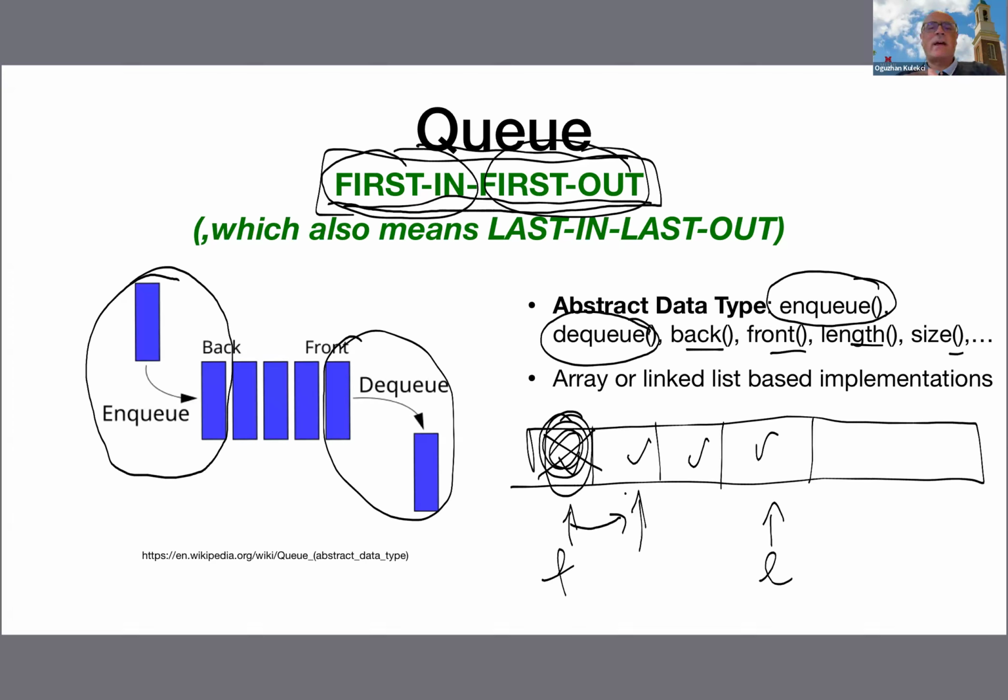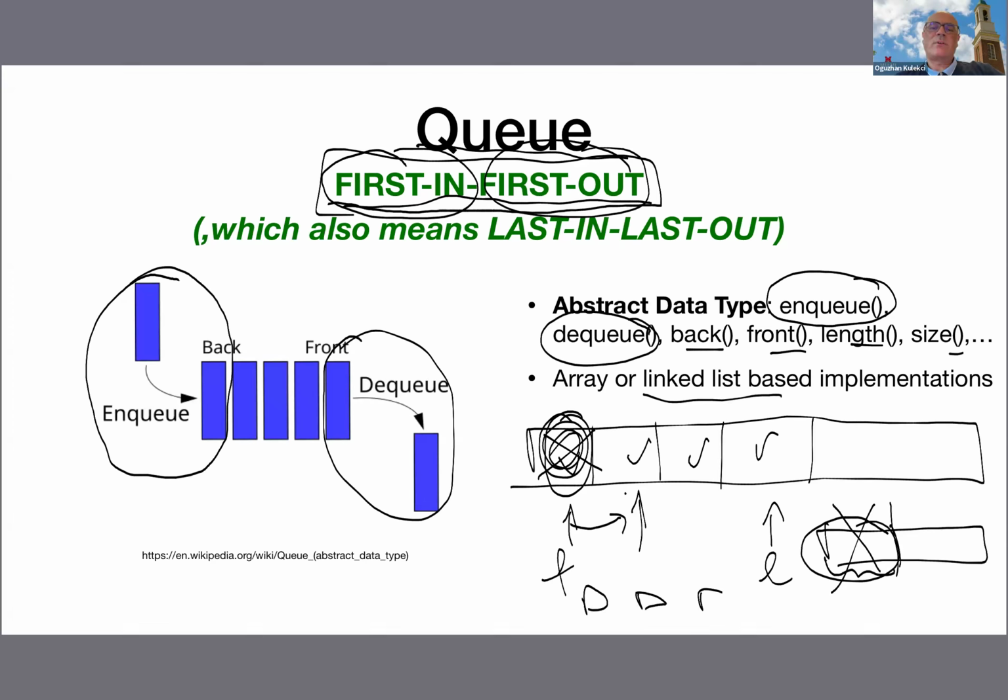I guess you already realized that after a couple of dequeue operations, if this is your initial array, the first compartments will be empty and they are unusable. So actually this space is being wasted, right? So if you don't want to waste space, you may prefer a linked list based implementation of a queue.